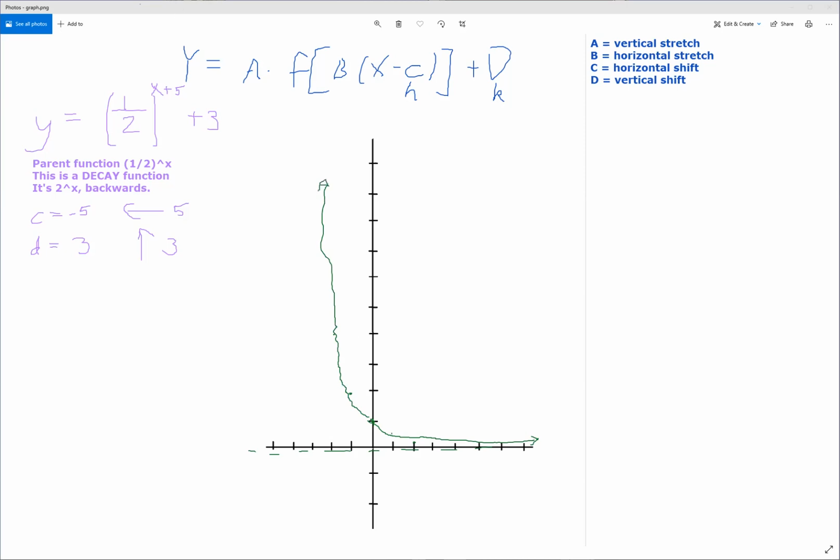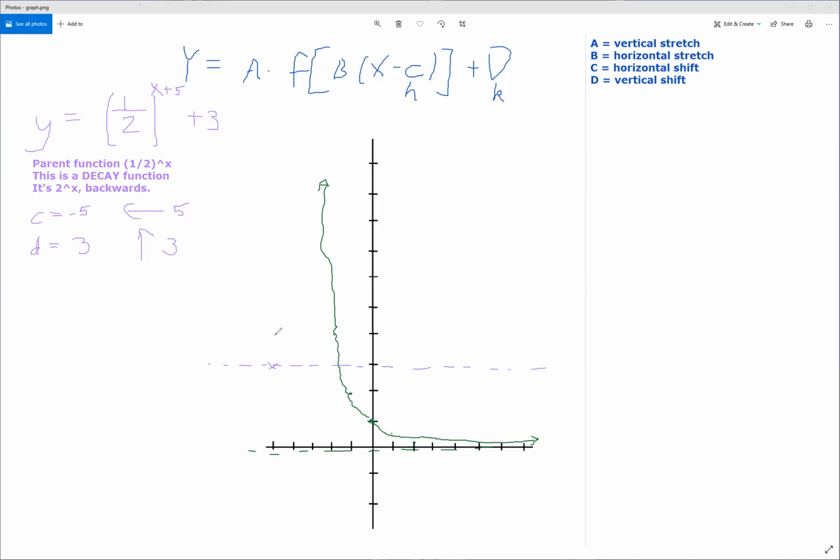So forgive the sketchy lines here. But what we actually want, we're going to go to the left by 5 and up by 3. Up by 3 is still going to be up by 3 with the asymptote. That's easy enough. But our new origin point is right here.